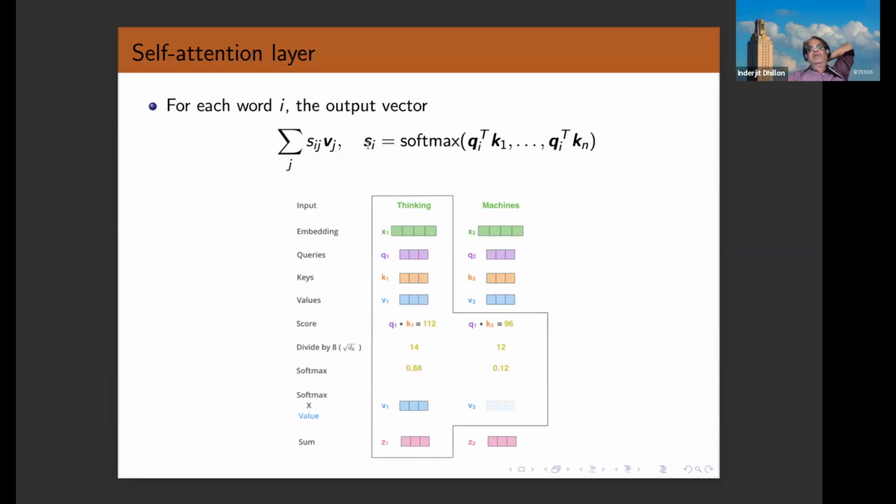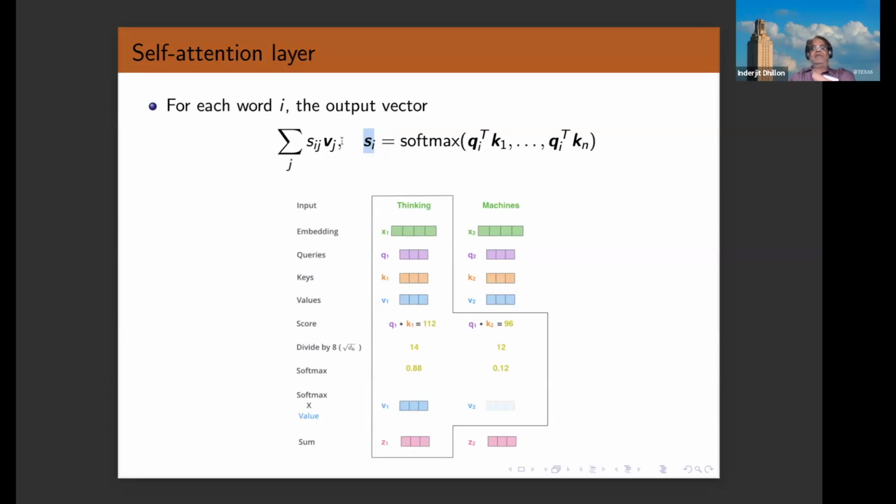Then, once you've computed the Si's, which are the softmax values, these Si's essentially correspond to these numbers, 0.88 and 0.12, since we are only taking the example where n equals 2. Now you multiply this softmax value with the value vector. Remember, this is the value vector v1, and this is the value vector v2.